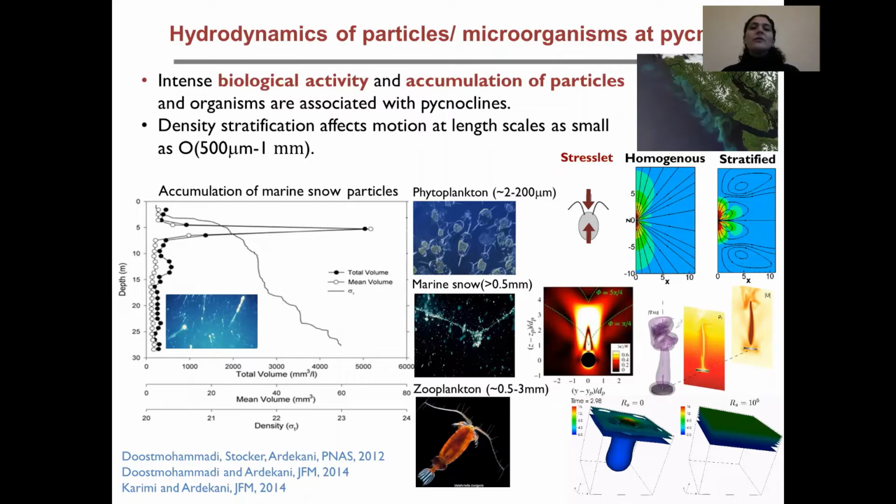So it's a natural way of carbon sequestration. They also produce more than half of oxygen on Earth. So we look at the transport of microorganisms and particles in density stratified environments, and how their life and accumulation and activity can be affected because of the properties of their surrounding aquatic environments.